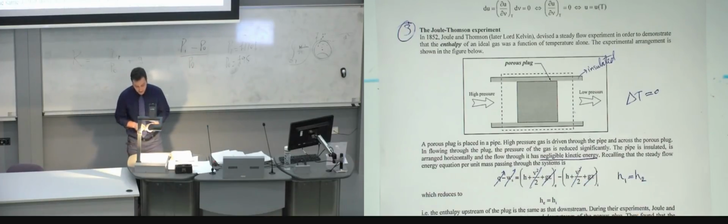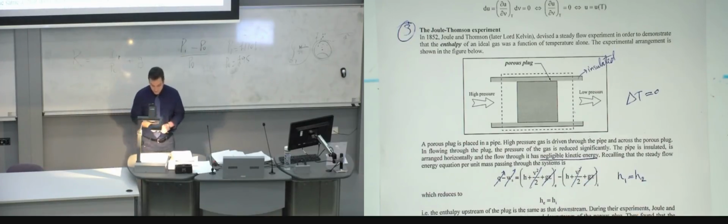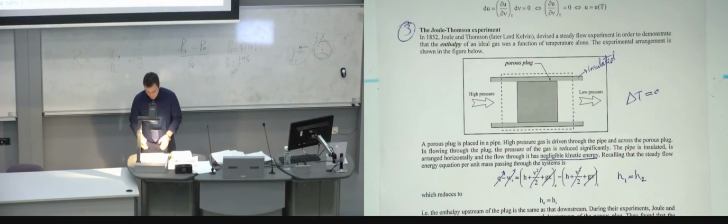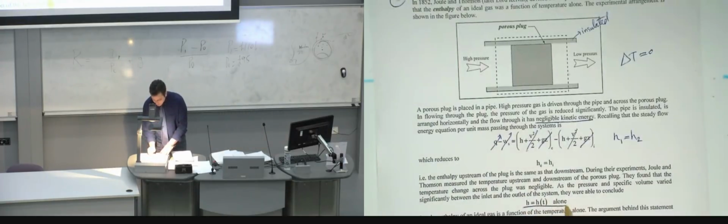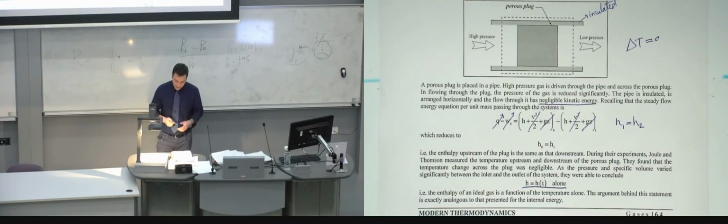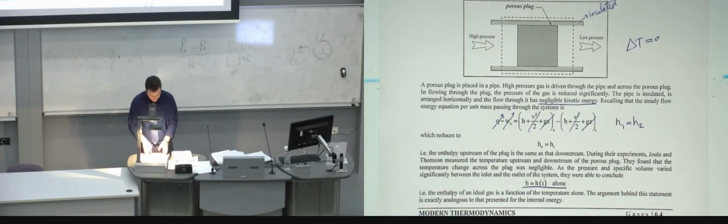And it can't be a function of volume either, because volume changed as well. As a result, we established that H is a function of temperature alone. This has important implications as far as the two property rules that we've been discussing so far are concerned, and that's the point of these 3 experiments.